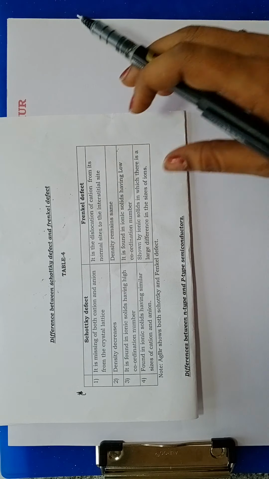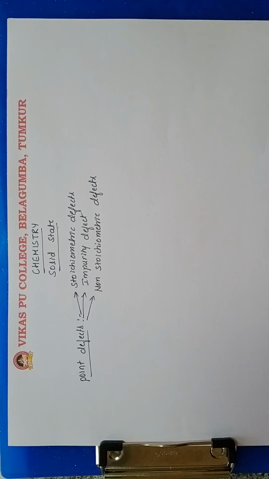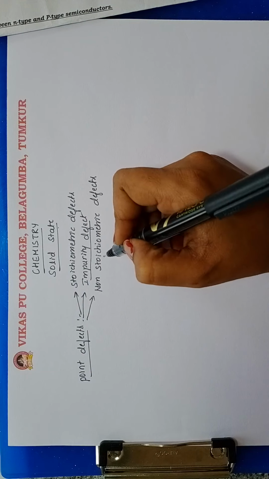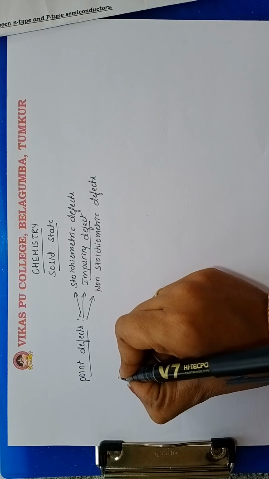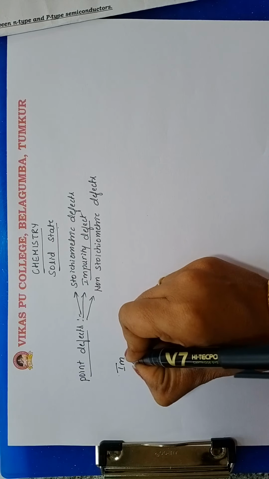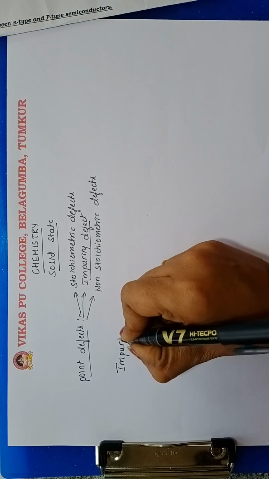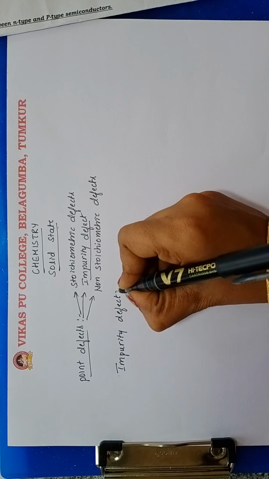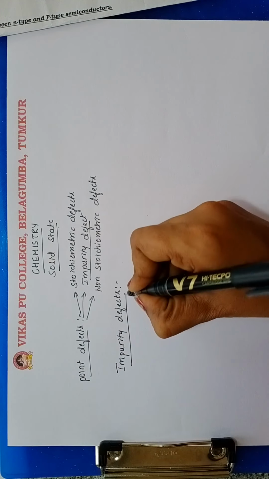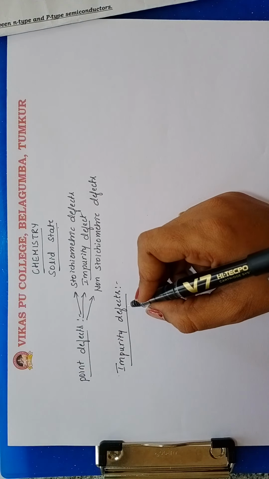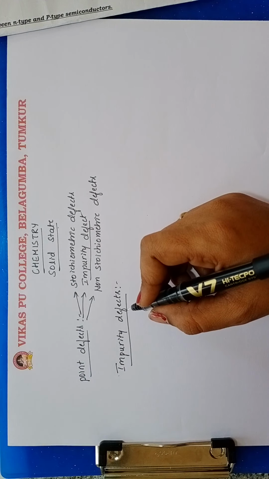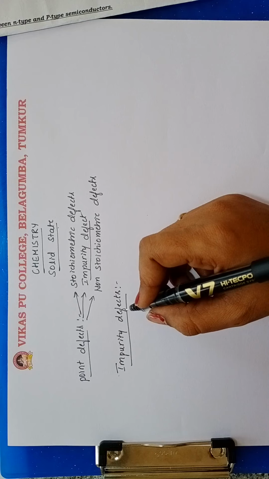Next we are going to discuss the next type of defect, which we call the impurity defect. This defect is observed when foreign atoms are present at the lattice site.